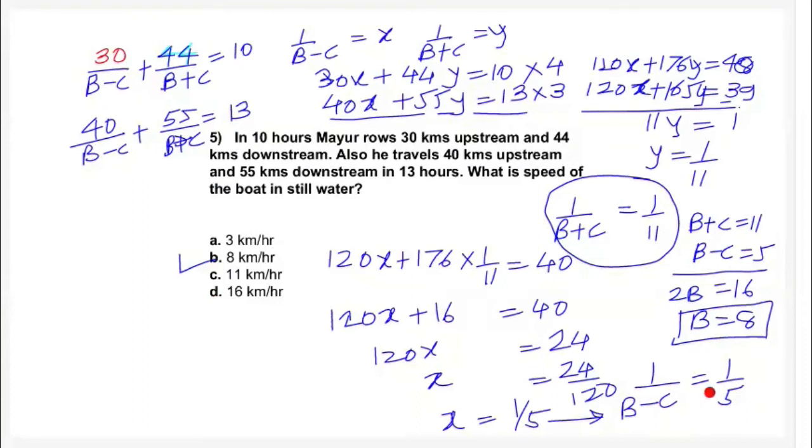Note it down. Try to find out. Yes, clear? If it is clear, say yes. We'll move ahead with the shortcut method.